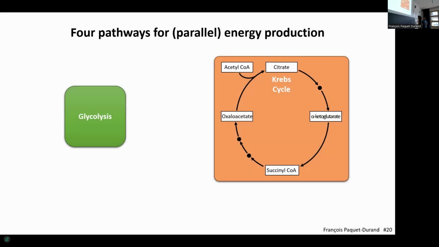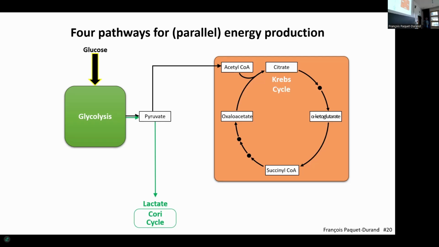Okay. So what I've tried to show you today is that the retina may have access to 4 different pathways for energy production in parallel. First of all, the conventional biochemistry textbook cycle, where we have glucose split into pyruvate entering the Krebs cycle and being burned completely to carbon dioxide.